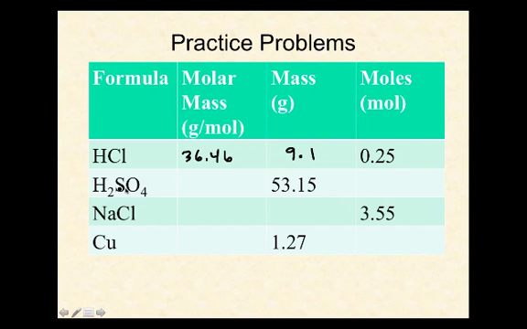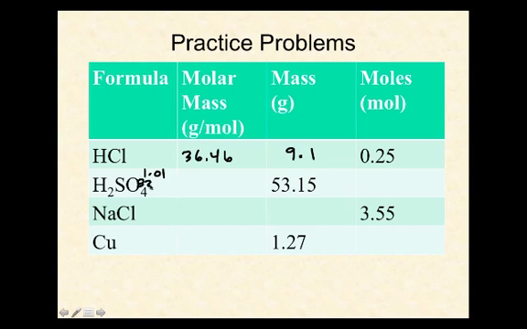All right, the next one is H2SO4. You should recognize this chemical formula as sulfuric acid. So this time I'm given the mass and I need to calculate moles. The only way to do that is to use the molar mass. So let's add this up. Hydrogen was 1.01, and then what's the mass of sulfur?